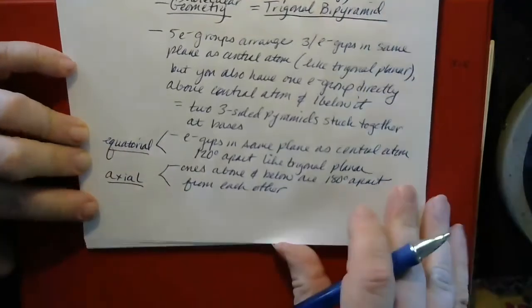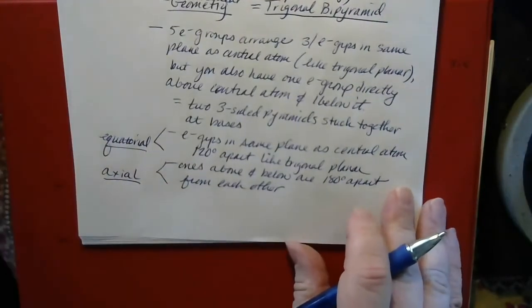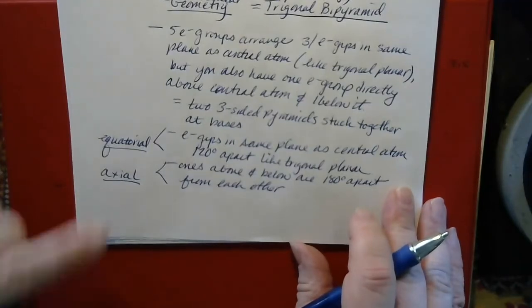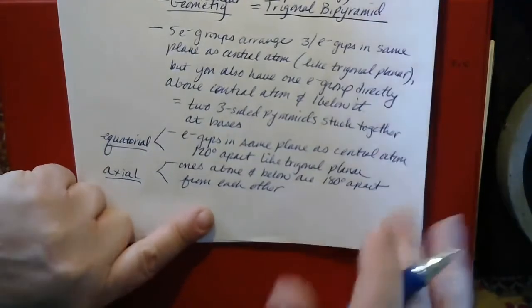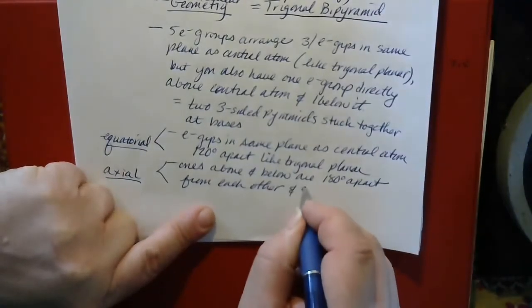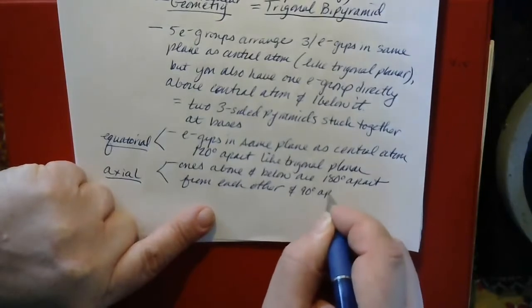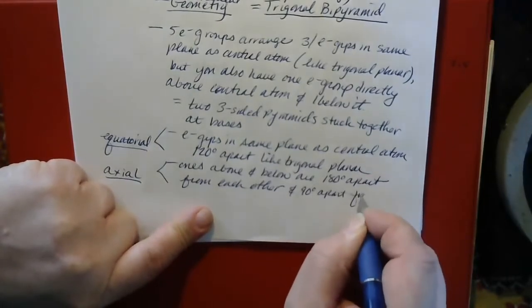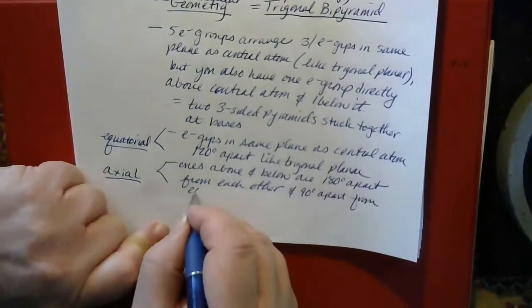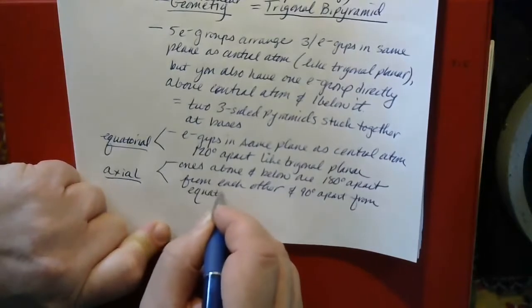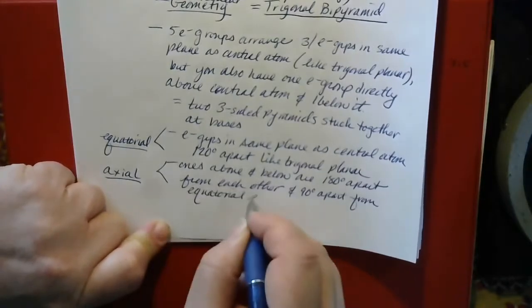So we've got axial and equatorial. So the ones above and below, known as the axial groups, are 180 degrees apart from each other and 90 degrees apart from the equatorial groups.